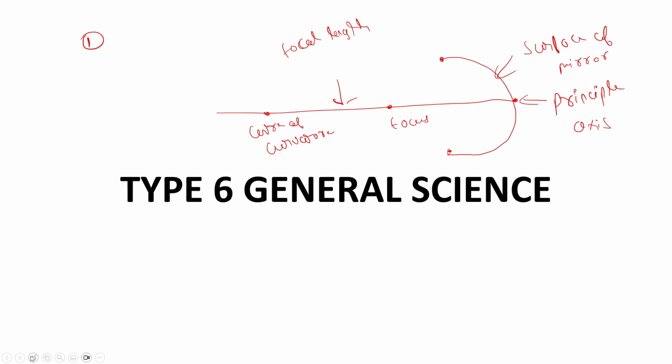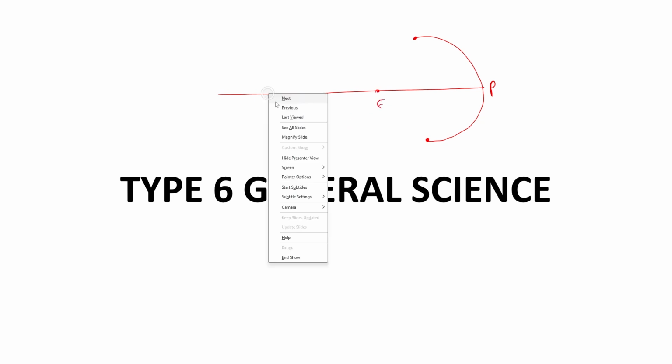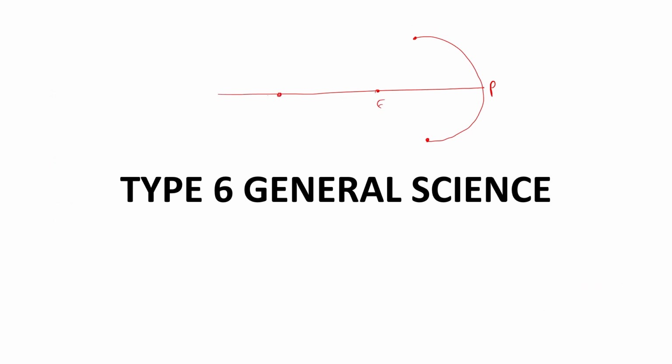I hope you have written these lines. Now let's start with the cases. This is the principal axis. This is the focus. This is the center of curvature. Now, the first case is when the object is at infinity. The first ray comes from this side. The second ray comes from this side.